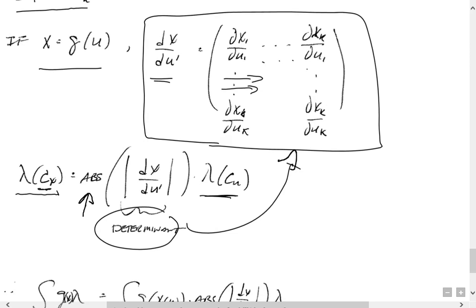So the absolute value of the determinant of our matrix of derivatives times lambda of the infinitesimal hypercube in terms of u. So this becomes my rescaling factor, similar to the univariate case where we took the absolute value of the derivative just by itself. In this case, it's the absolute value of the determinant of the matrix of derivatives.